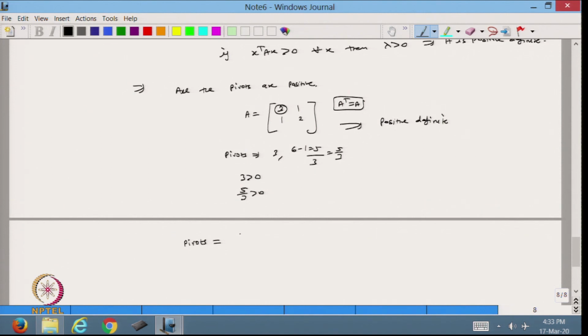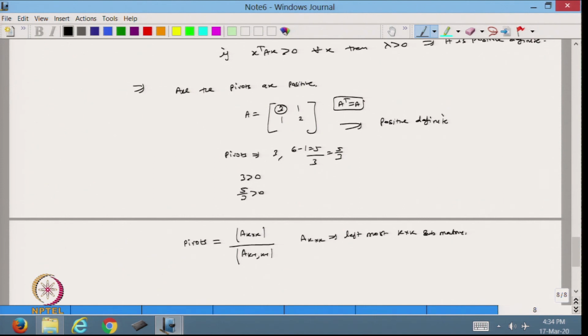In that case we will get the determinant of A k divided by the determinant of A k minus 1, where A k is the leftmost k cross k submatrix, and this is the previous one.